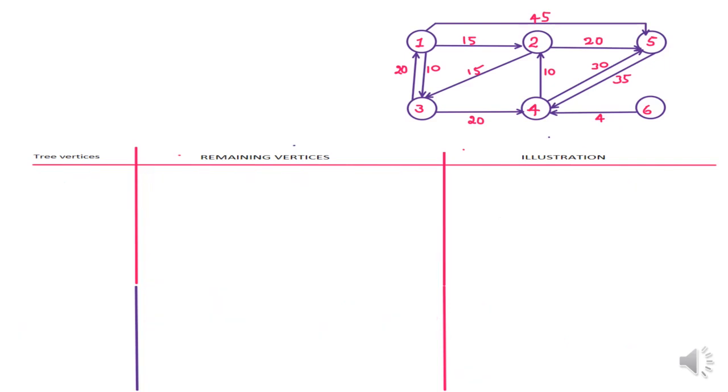Now I will add that 2 into 29, then 5, 4, 34. Now the remaining vertices from above are 1 and 5. Let us try to update it, if possible.